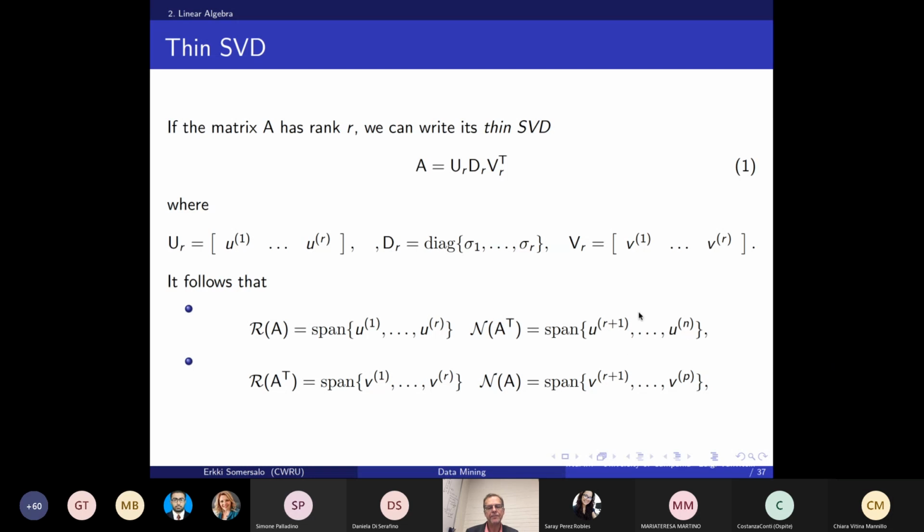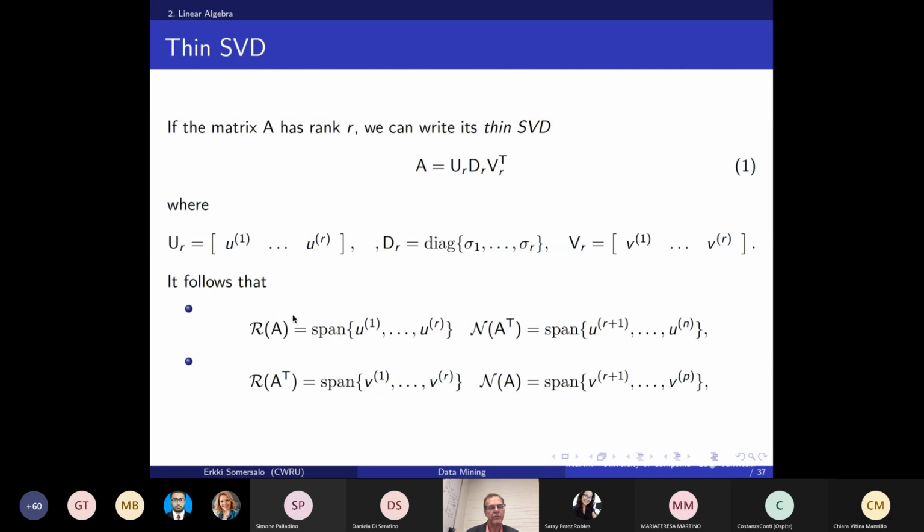So it is the span of V_{r+1} to V_p. And then the null space and range of A transpose are read off similarly by using the thin singular value decomposition of A. Again, what is important here is to notice that if you write the thin singular value decomposition of matrix A, what we need to remember is that the range of A is the span of the singular vectors from U_1 to U_r.